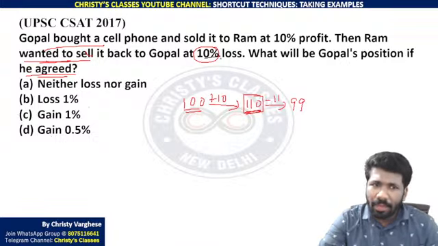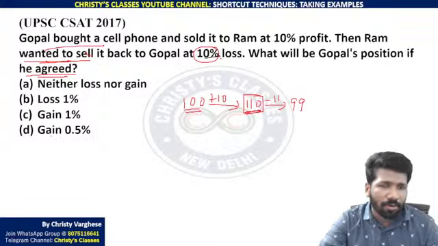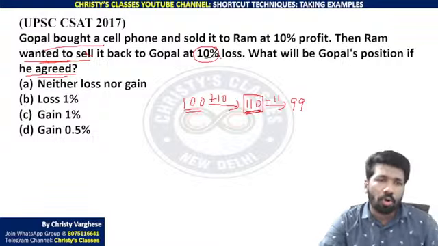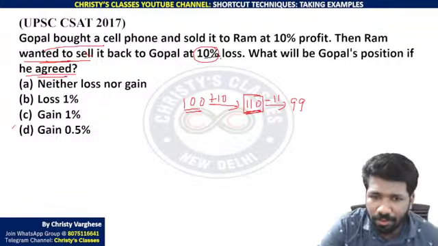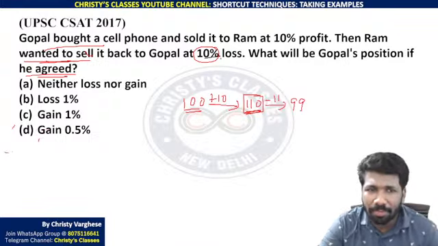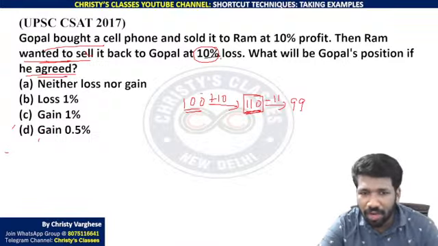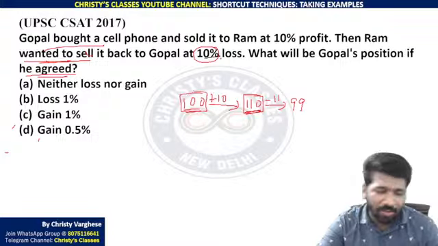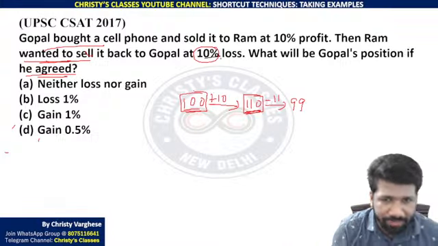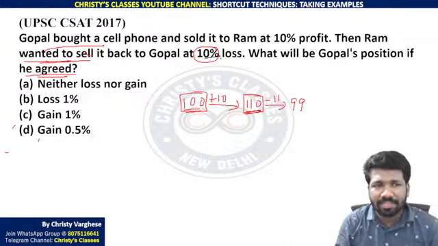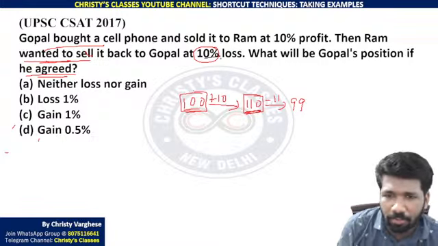Normally think that Gopal is a mobile store owner who sells mobile phones. So normally he gets this mobile phone at 100 rupees. Yeah, if 100 rupees is a very small value, you think $100 for the mobile phone. $100 is the price Gopal invests for this mobile phone normally.